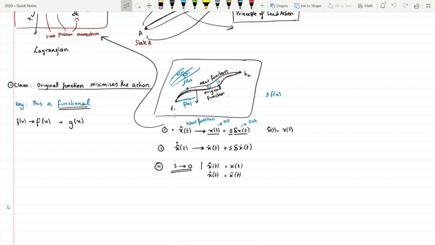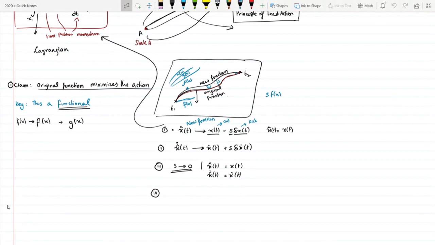The last bit that we have to write is using our initial conditions. What we can see so far when we look at our new function and the old function is that at the endpoints, since they're the same endpoints, there's no difference. As we get closer and closer to t1, s gets smaller and smaller.